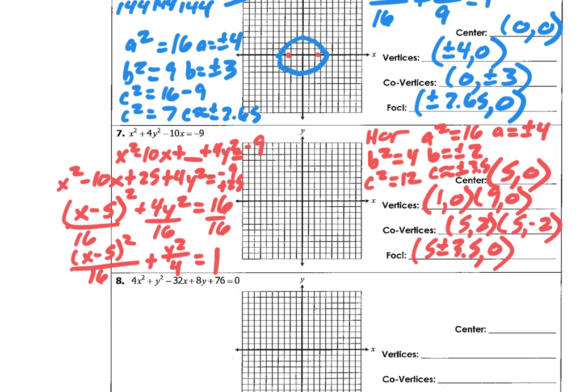Okay, to graph it all, we got 5, 0 is my center. And then we're going to go right 4, left 4, up 2, down 2, and then my foci would just be barely inside of that.